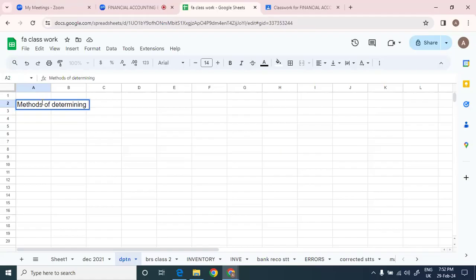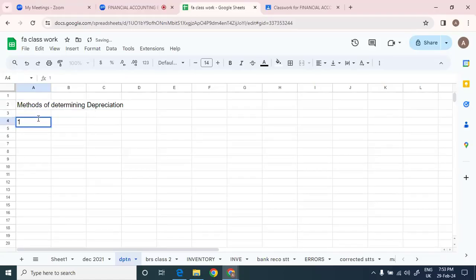Method one, we are going to look at the straight line method.